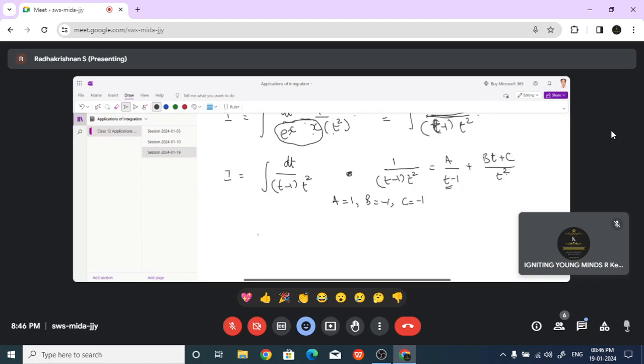So now what do we get? I equals the integral of 1 by t minus 1, minus (t minus 1) over t square, because b is minus 1 and c is minus 1 over t square.